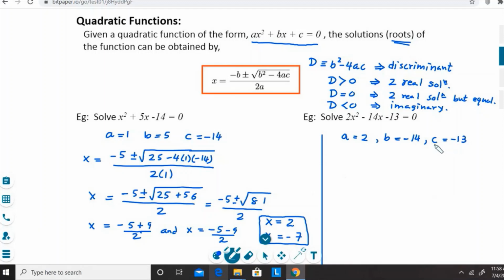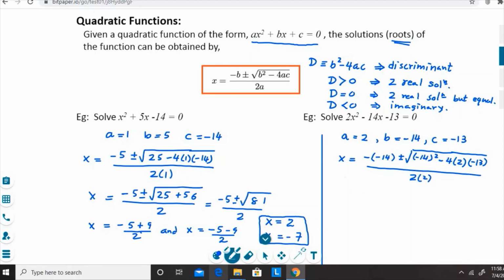So I'm going to substitute these coefficients in the quadratic formula, and then I'll get x equals, there's a minus sign, minus 14, plus or minus, then inside the square root I'll have minus 14 squared, and minus 4 times a is 2, and then c is minus 13. And in the denominator, I have 2 times a, which is 2 times 2.